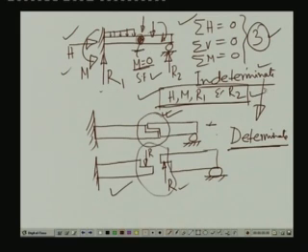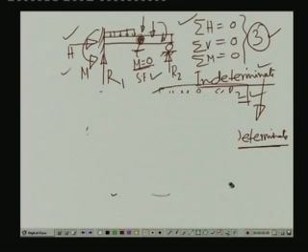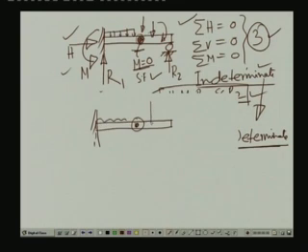Now, if we have a determinate beam, in which case we do not have this support, it is just a cantilever, fixed at this particular end, and if we like to introduce this articulation over here, again this is subjected to different kinds of loading, distributed loading, concentrated loading, maybe a concentrated moment.